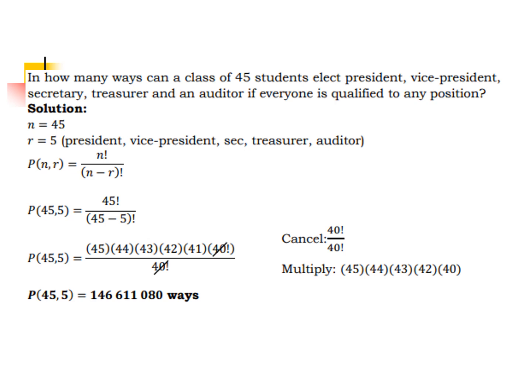Now, since alam natin that 45 factorial is really a huge number, right? If we express that into a factorial function.